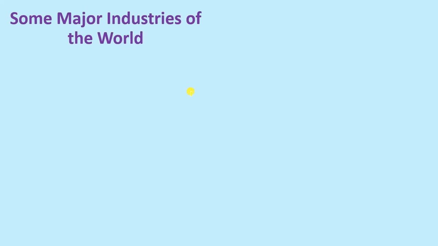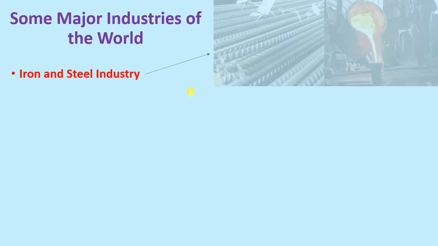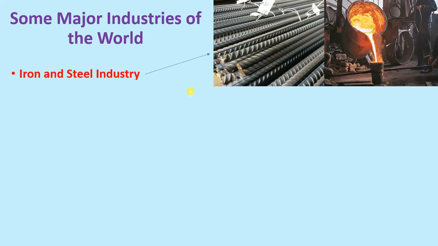Some major industries of the world. There are three industries given in the syllabus of your class. First one is the iron and steel industry, which is basically a key industry for the development of any other industry.